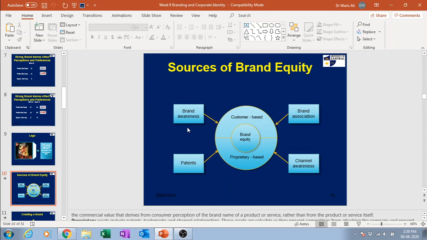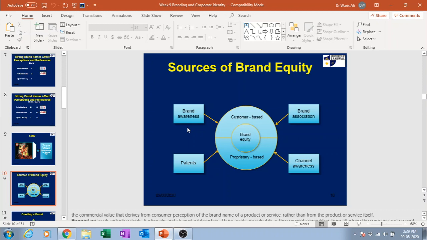Similarly, brand association. Sometimes, for example, we are buying shirts and say we are very much happy with, say, Varda's brand. So it means we will always be buying Varda's products. So it means it is our association with that brand. And if a large number of customers are associated with your brand, it means they are contributing something to brand equity.